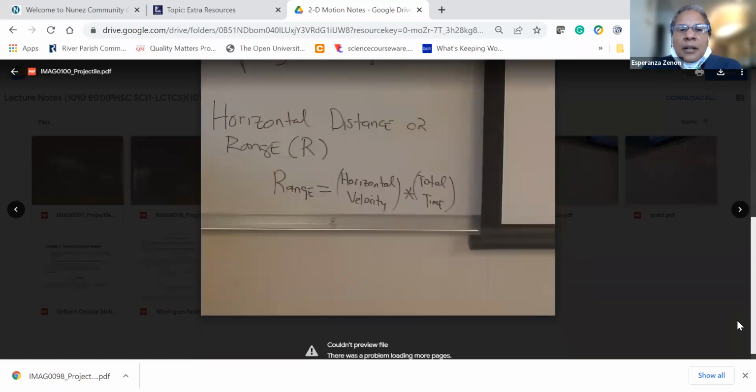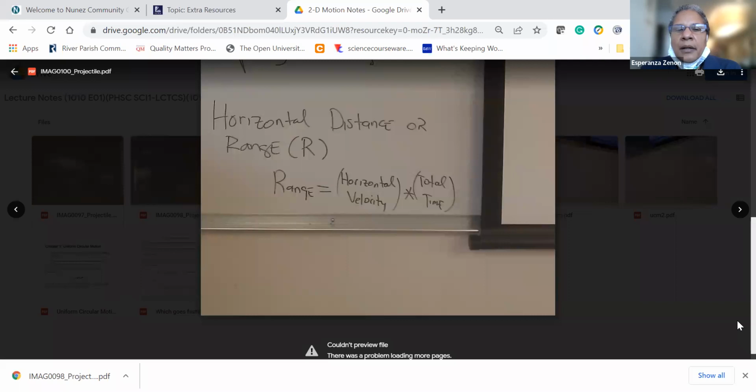So you see here, this is the range formula for a non-symmetric projectile. And what you notice immediately is that it doesn't matter whether the projectile is symmetric or non-symmetric, you find the range the same way, same formula.